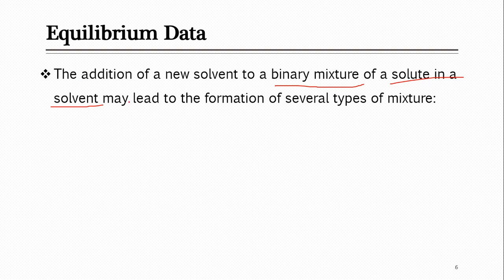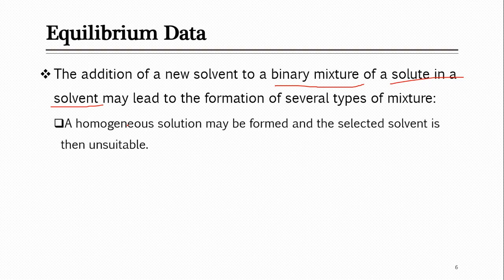So when we add any solvent to a binary mixture, various cases can occur. First, you can get a homogeneous solution, and then the selected solvent is unsuitable. It means you introduce a solvent and you were supposed to remove one component of the feed, as in liquid extraction, but when you mix the solvent and the binary mixture, a homogeneous solution is formed.